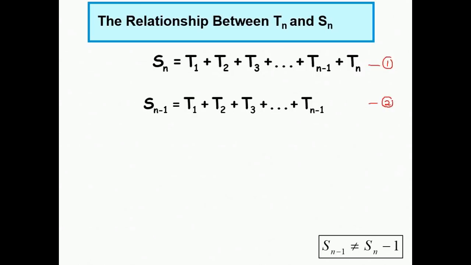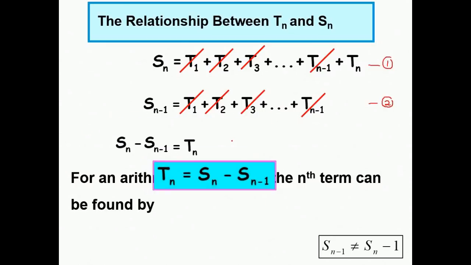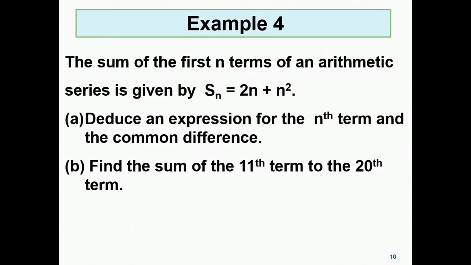So equation 1 minus equation 2, we have Sn minus Sn minus 1 is equal to, so all we need is to subtract. Then we have Tn is equal to Sn minus Sn minus 1. So this is the relationship between Tn and Sn. We need to remember this formula.